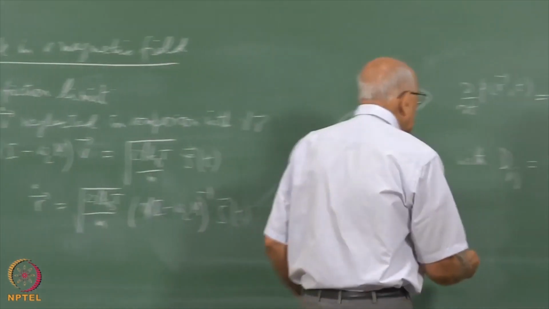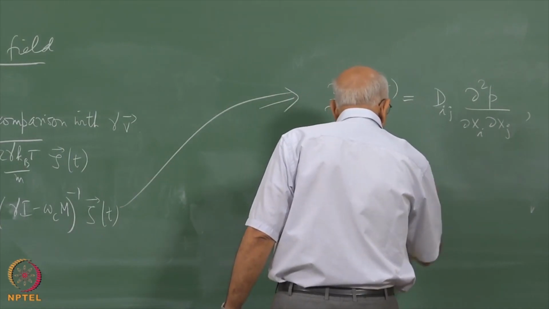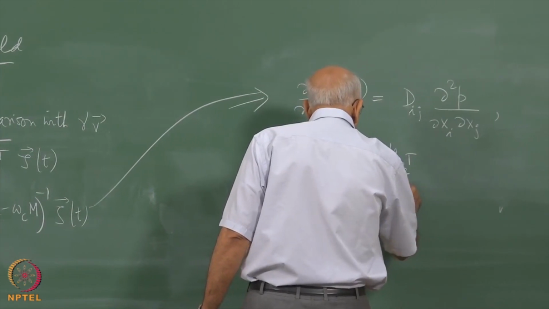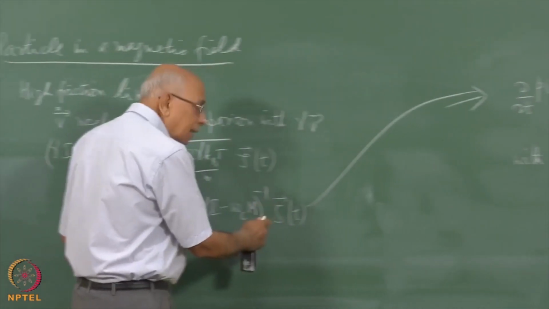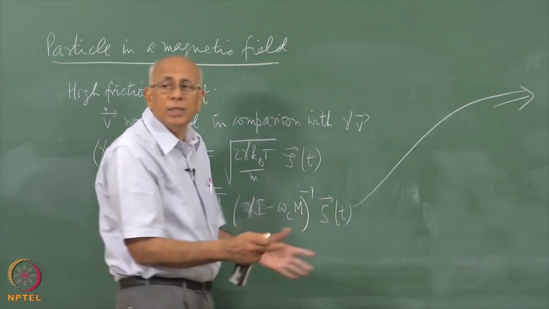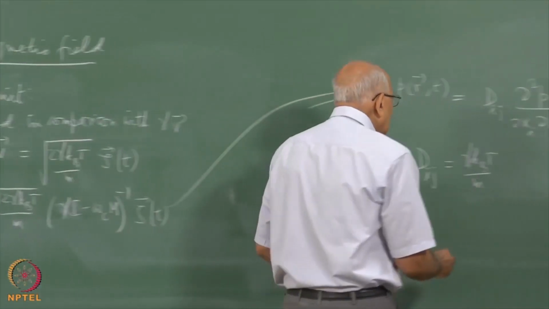So this is equal to 1/2, and the half cancels against the 2, so it is gamma k Boltzmann T over m, this matrix times its transpose, and you want the ijth element of it. So what is that equal to?